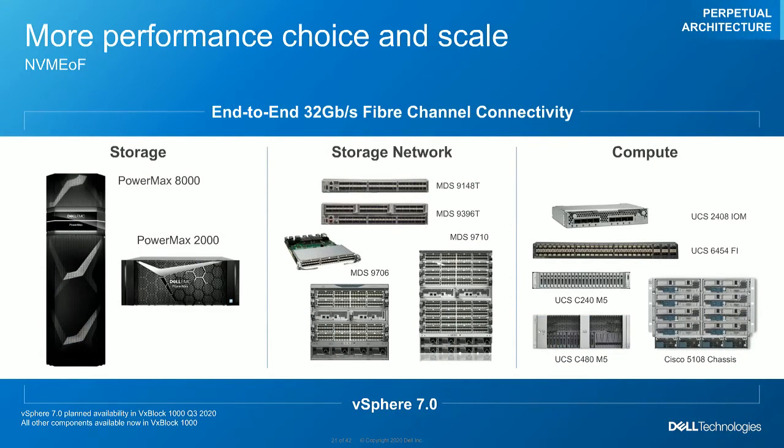Not necessarily finally, but we also will be offering a true end-to-end NVMe over fiber channel solution utilizing our best-of-breed enterprise-class storage arrays, the PowerMax 2000 and the PowerMax 8000, along with utilizing 32-gig fiber channel switch technology from our great partner Cisco, and then utilizing enhancements and advancements within the Cisco UCS platform and utilizing the recently released and announced 2408 FEX that gives 8 by 25 gig FEX ports.